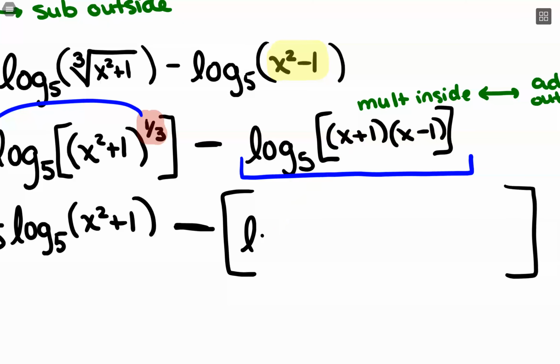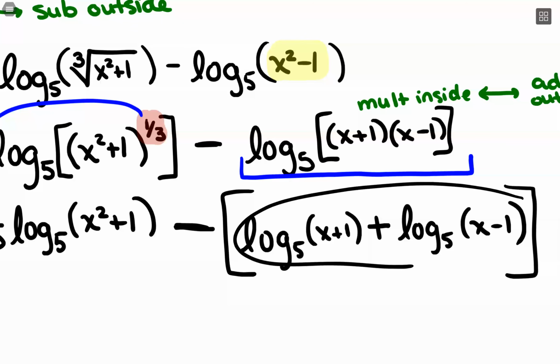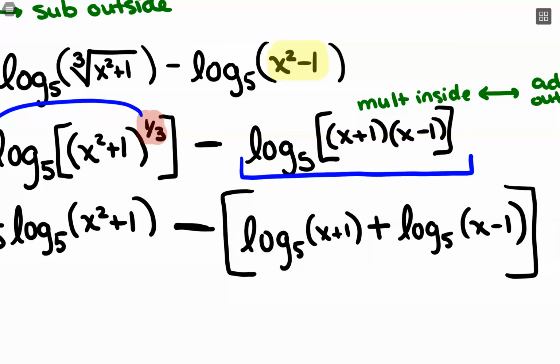So we're going to have log base 5 of x plus 1 plus log base 5 of x minus 1. So we need those parentheses to group this entire expression here, because this entire expression is replacing our single expression there. Now what we're going to do, like I was saying, is distribute the negative inside.